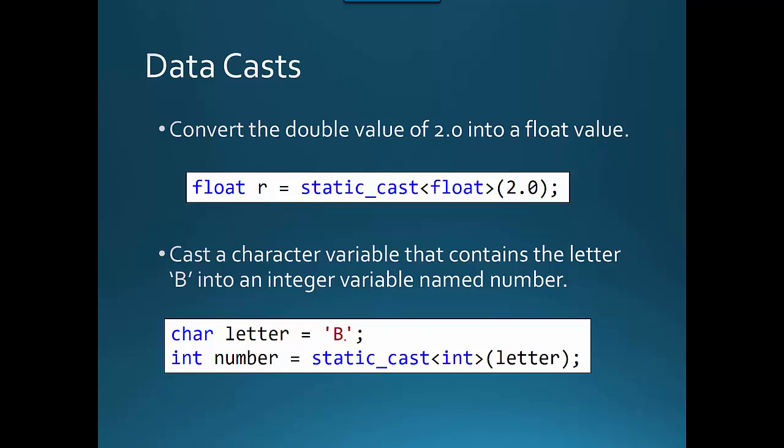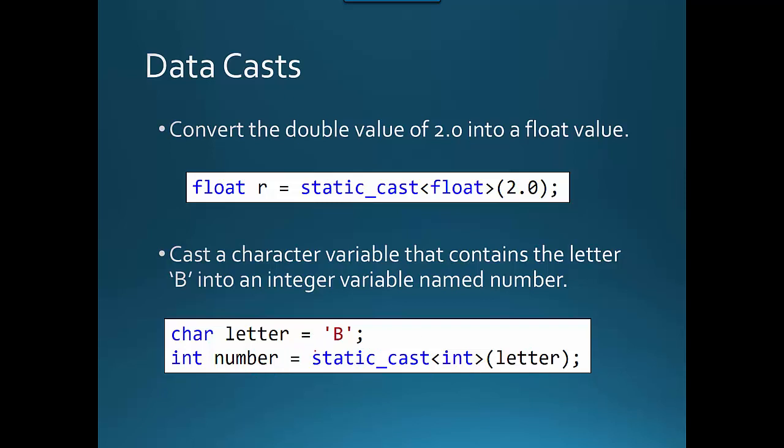Characters, as we know, have an underlying number. And this is something that you may need to do periodically: take this char, which we represent by using single quotes, and if we want to get the actual numeric value of the letter B and store it into a variable, and we want to store it in an integer so that we can use it as a number, the way we can do that is we can use static cast.